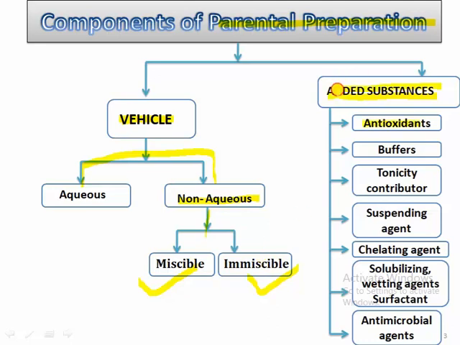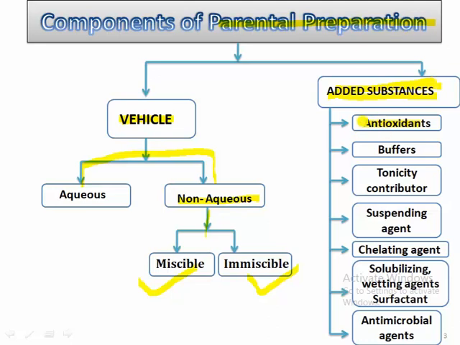Now the next is added substances, or additives. What are additives? The substances added to a product to enhance its stability, and essential for all types of products, are known as additives.